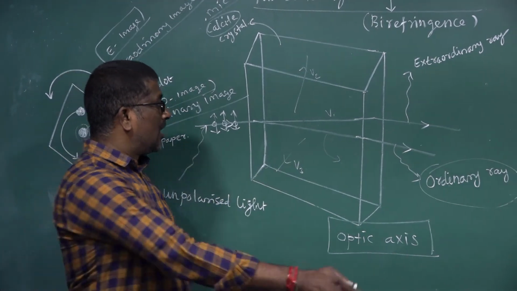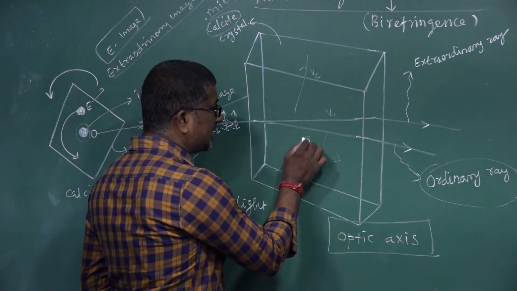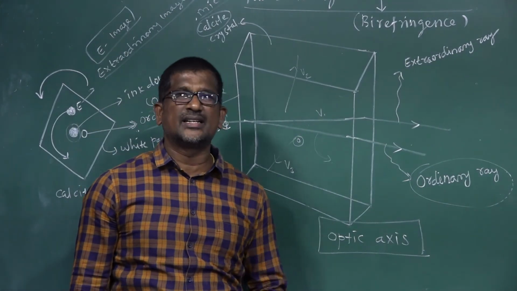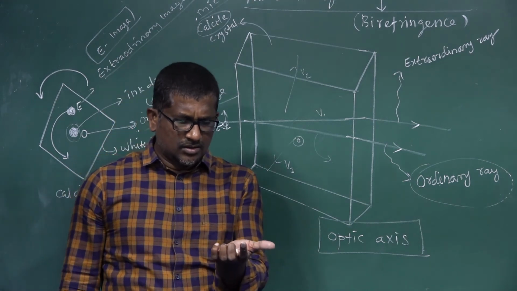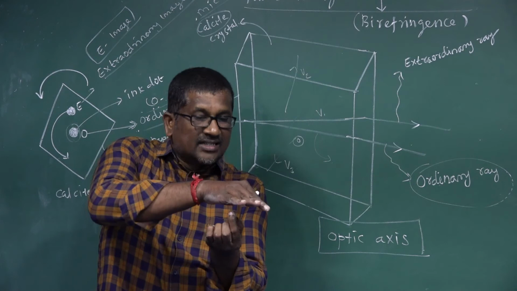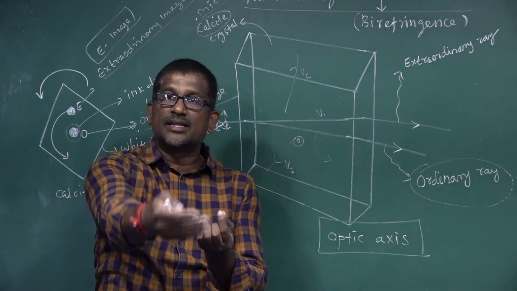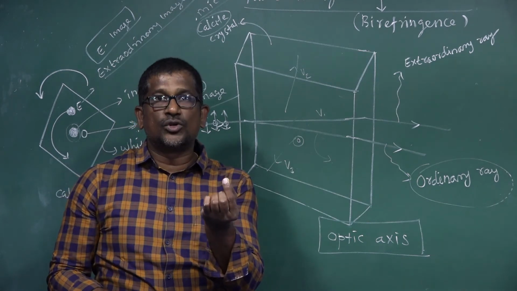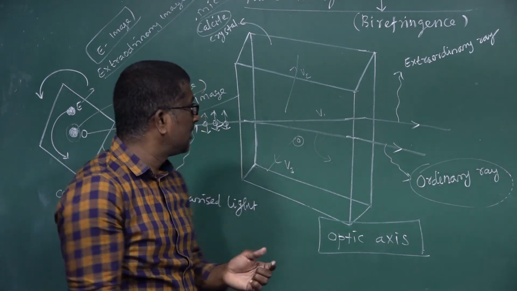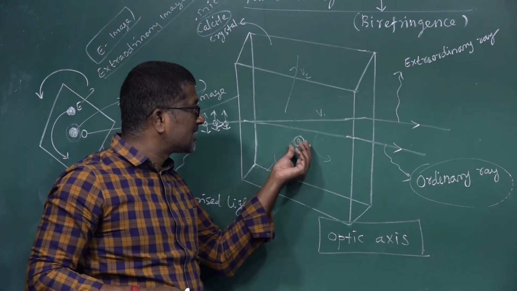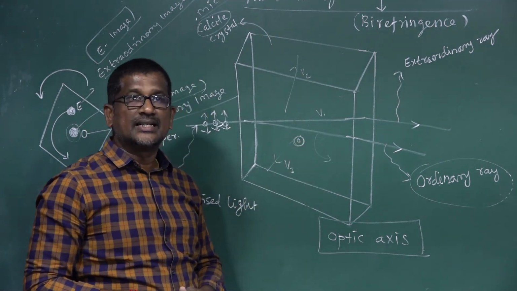Right? And next, suppose let us consider a point source inside the double refracting crystal. Point source inside the crystal means there is, suppose, a point source on which a crystal is placed. Crystal means either calcite or mica or quartz is placed. Now that point source behaves like a source inside the crystal.